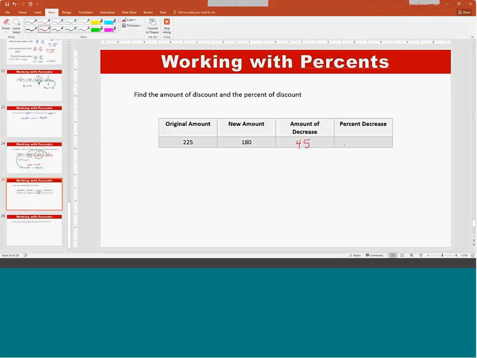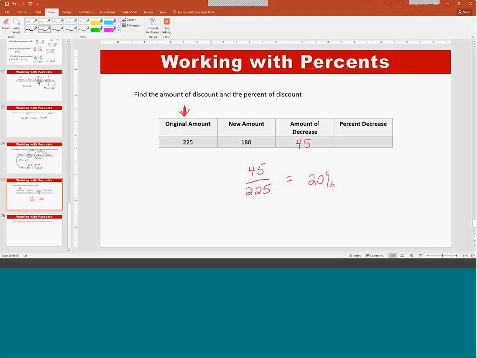And what is the percent of decrease? Whenever you are looking at the percent of decrease, we always need to compare it with the original amount. So we write a ratio, the amount of decrease, which is 45, and compare it to the original amount. Always compare it to the original amount. And that's going to give you 0.2 or 20%.